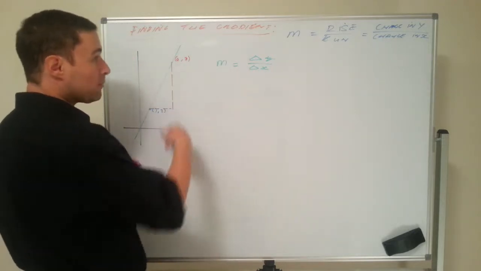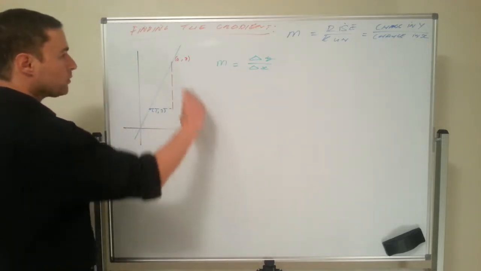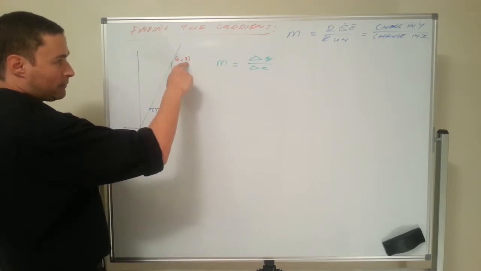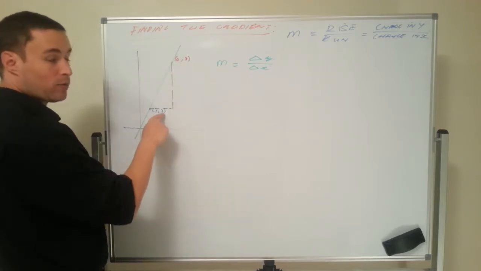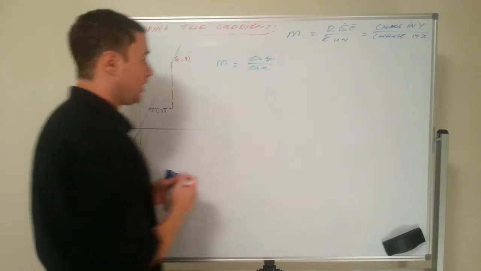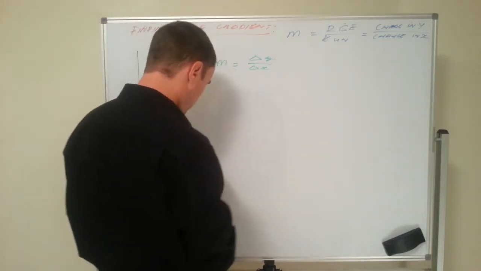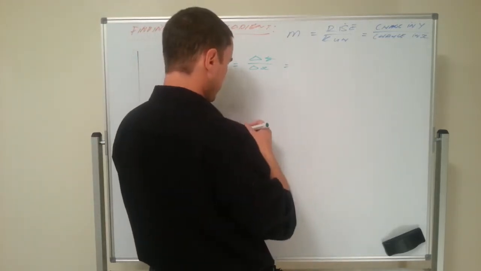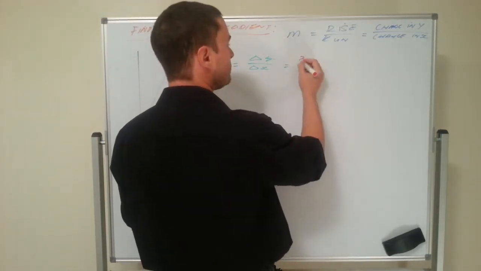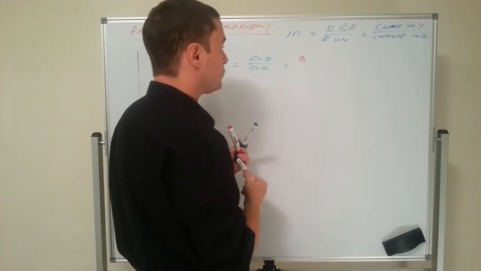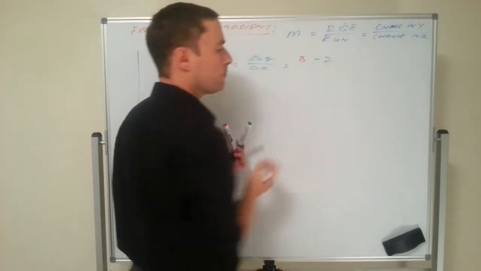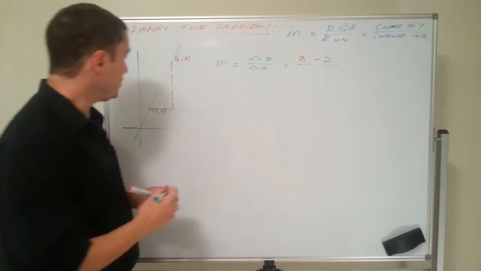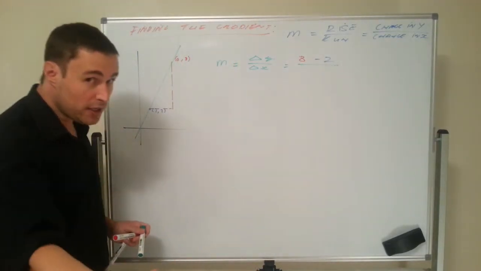So now I'm going to find the change in y. The change in y is that distance there, which is that y, 8, minus that y, 2. So the change in y is 8, the top one, minus 2, the bottom one. The change in x is where you have to be careful.